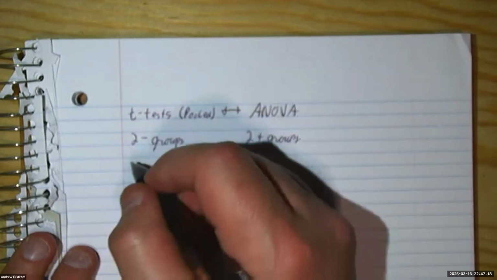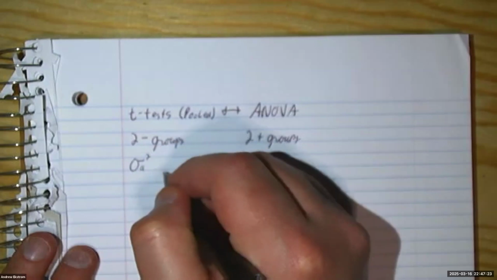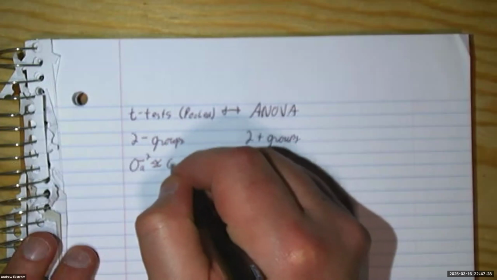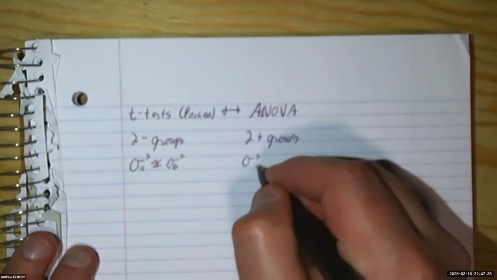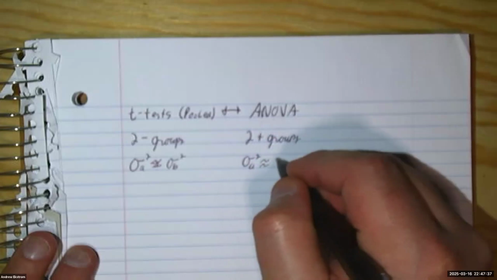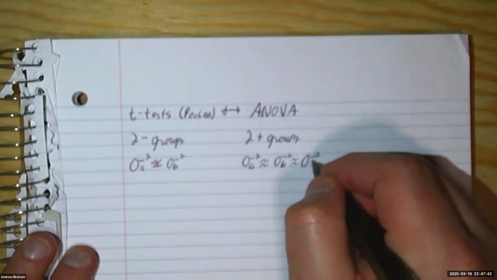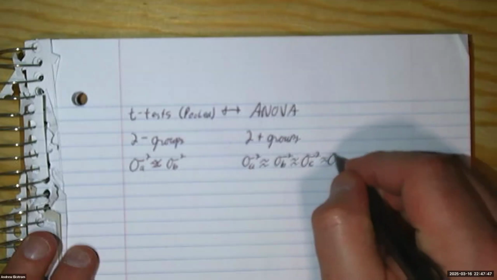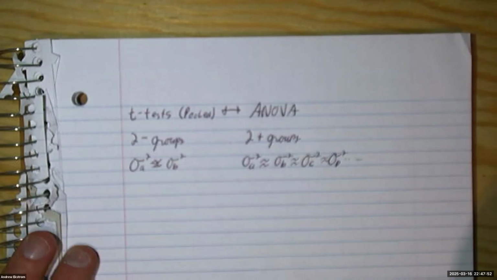When we use the pooled t-test, we assume that the variance for, say, group A is going to be equal to, or at least similar to, the variance for group B. With ANOVA, we do essentially the same thing, except because we can deal with more than two groups, we're going to have it look more like that.